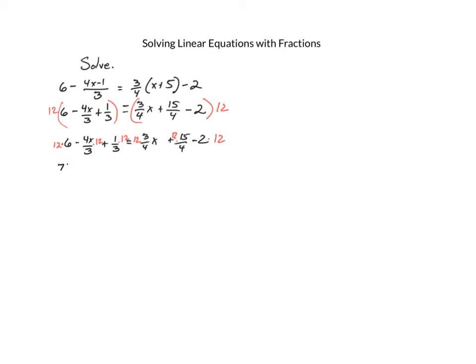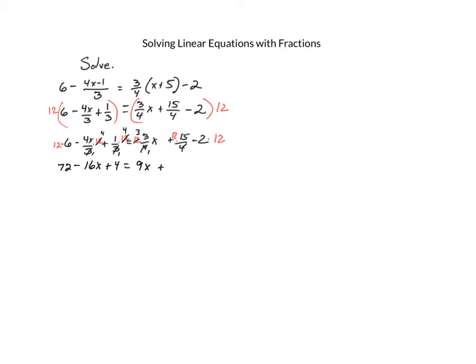So we have 72 minus, the 3 and the 12 cancel, so we have minus 16x. The 3 and the 12 cancel, and we have plus 4. Now we have 12 times 3/4 x. That gives us a 9x.